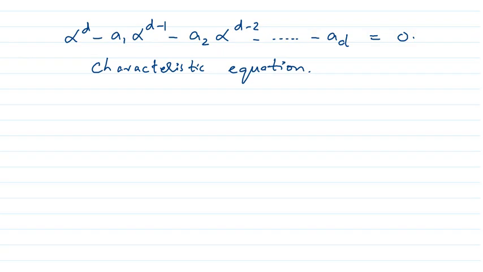With the help of this equation, we are going to find different solutions for different cases. The first one is a very simple case when the roots are different. Then a tricky case is the one where we have repeated roots, and then we are also going to find the homogeneous solution and the particular solutions.